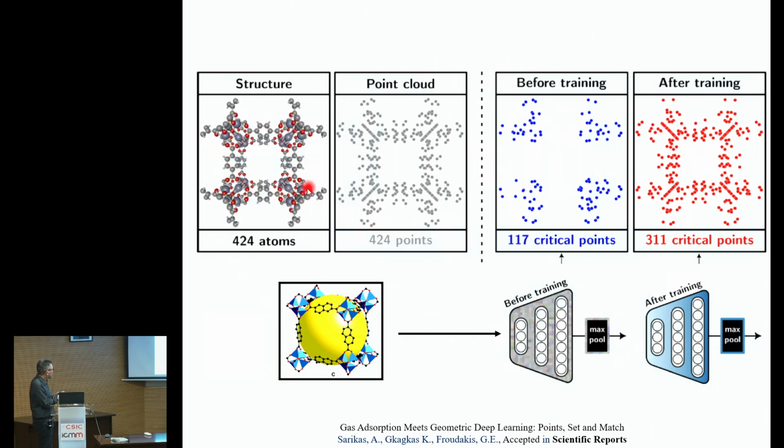This is how the structure looks in the beginning. This is IRMOF-1, the point cloud of the structure as it really looks. Before training, you can see that the neural network cannot identify all the atoms as important. But after training, you can see that the structure is actually like the original point cloud. And this is what we can do.